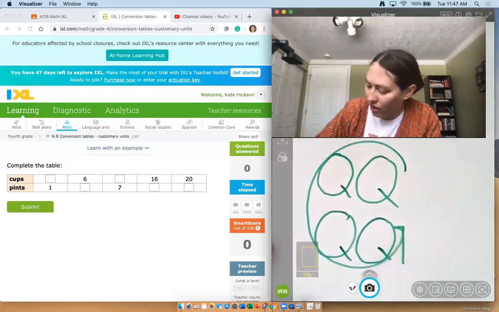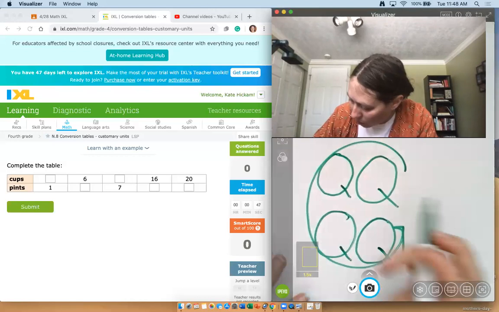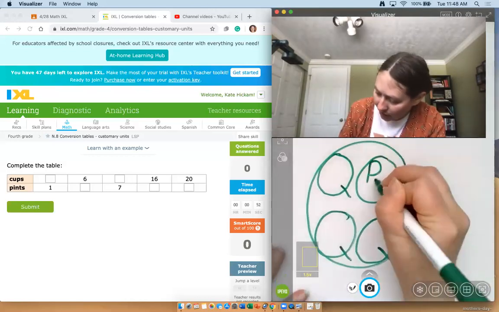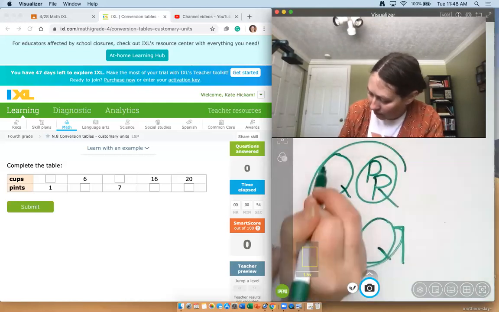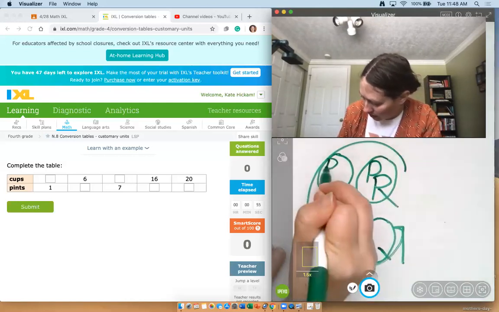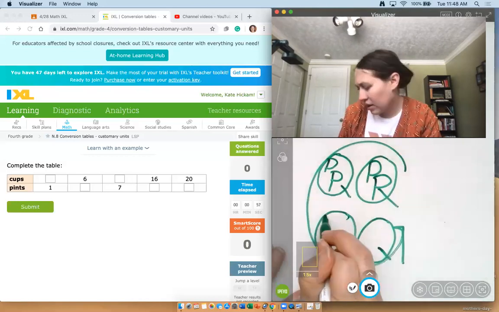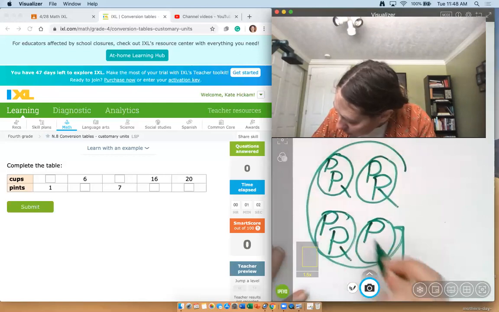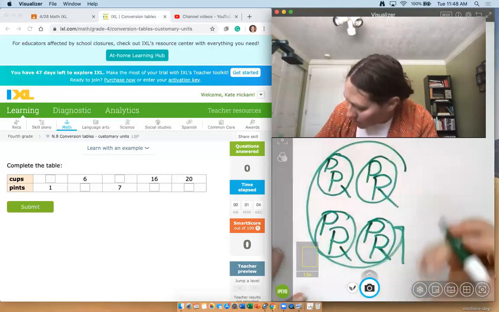Inside of the quarts, we have 1, 2 pints. Inside of the pints, we have 1, 2 cups.